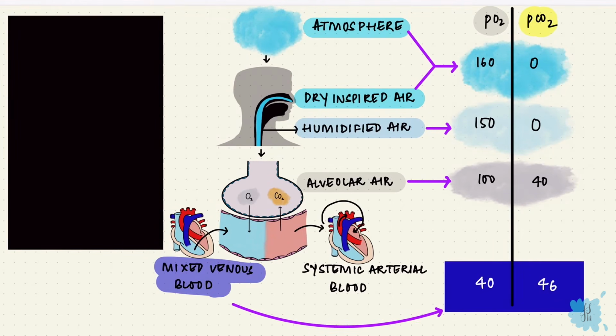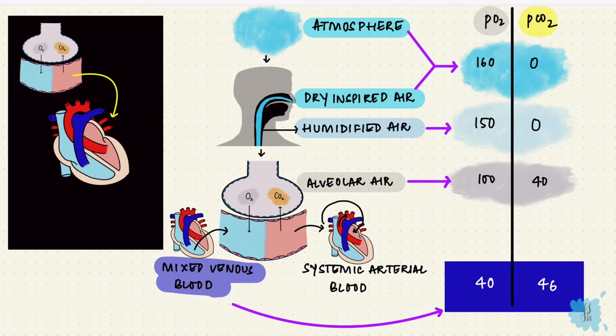After gas exchange, capillary blood is oxygenated and goes through the pulmonary veins, reaching the left heart and entering systemic circulation. Diffusion is fast and it equilibrates with alveolar air. Therefore, in the capillaries, arterial oxygen is 100 and carbon dioxide is 40.